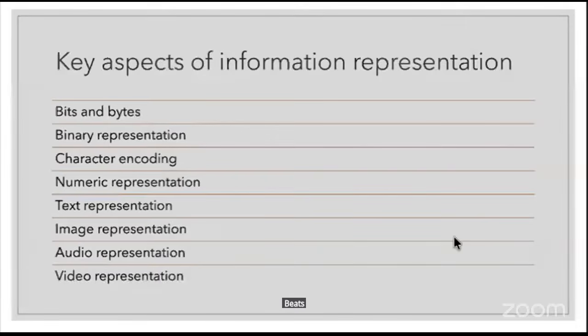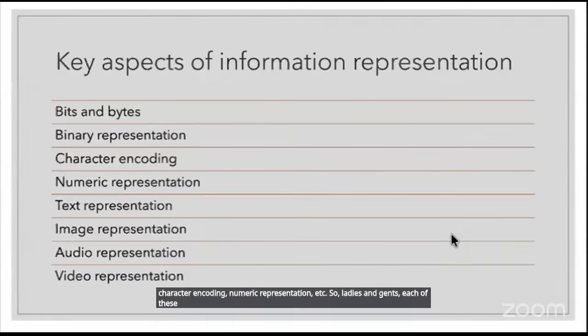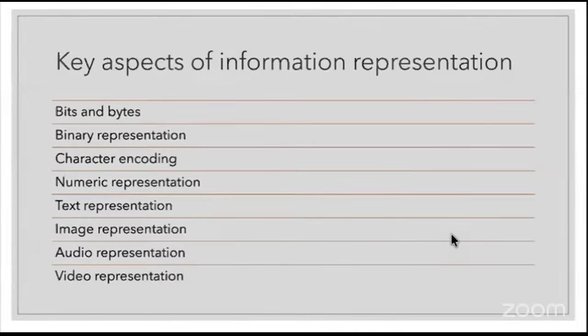Bits and bytes, binary representation, character encoding, numeric representation, etc. Each of these aspects listed on your screen plays a part in how information is perceived, how information is processed, and how information is utilized across various fields.